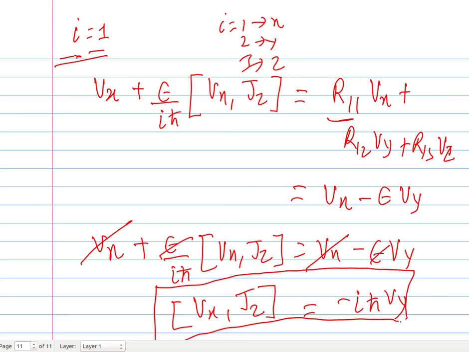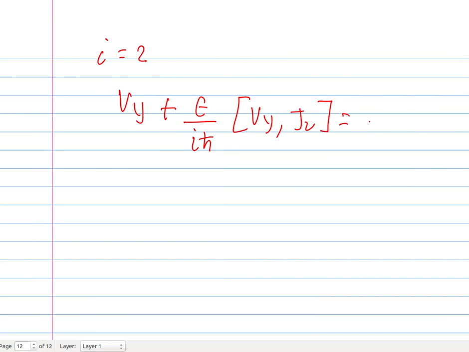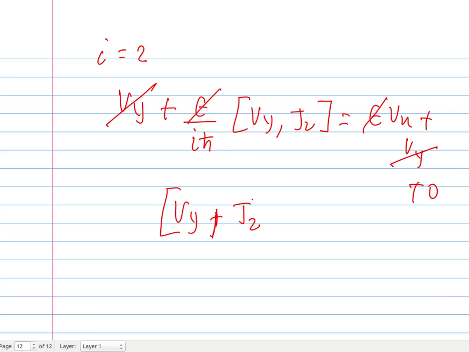And similarly you can try it for i equal to 2, and there you will get Vy plus epsilon by i h bar, Vy commutation Jz, equal to epsilon Vx plus Vy plus 0. But again the Vy and Vy will get cancelled, and epsilon will get cancelled, and I will get Vy commutation Jz equal to i h bar Vx.